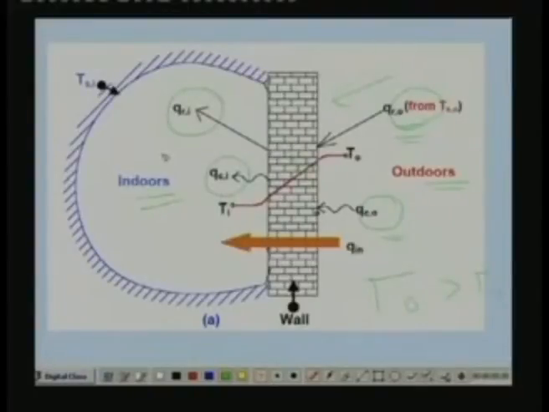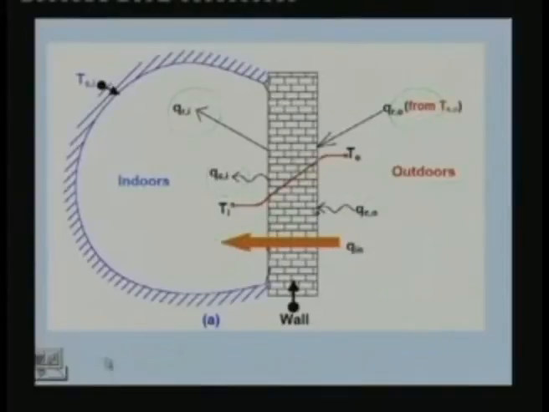Okay, and since we are talking about steady state heat transfer problem, whatever heat enters the wall from the outside should be equal to heat leaving the wall from the inner surface. Okay, so heat transfer at the outer surface is always equal to heat transfer from the inner surface. Okay, that is why it is steady state.